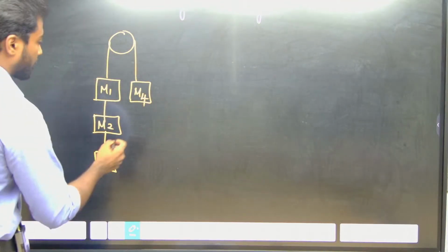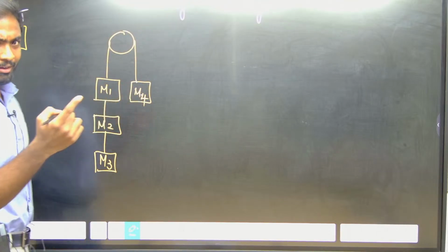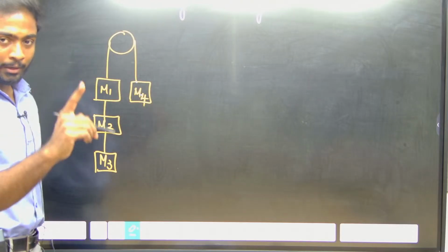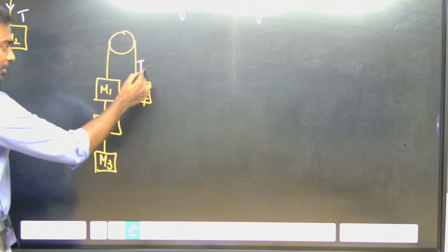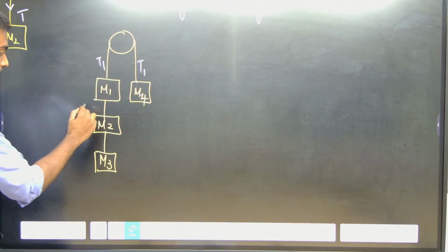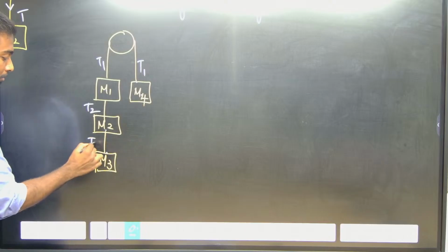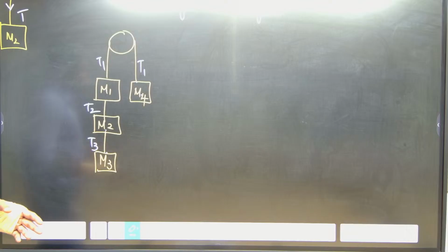Okay, so let us see. For M4 and M1, how many ropes are there? One rope, the connection is 1, so T1 let me take. M1 and M2, one connection is there, T2. M2 and M3, T3, right? So T1, T2, T3, which is 3 different tensions.